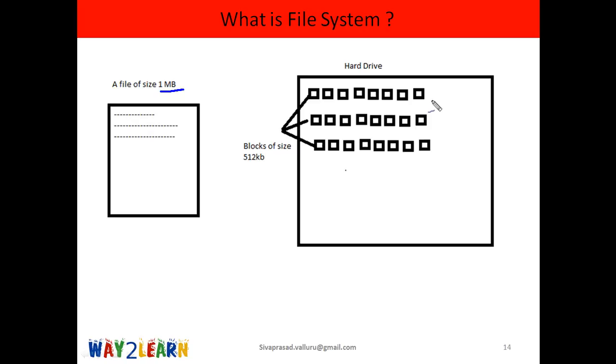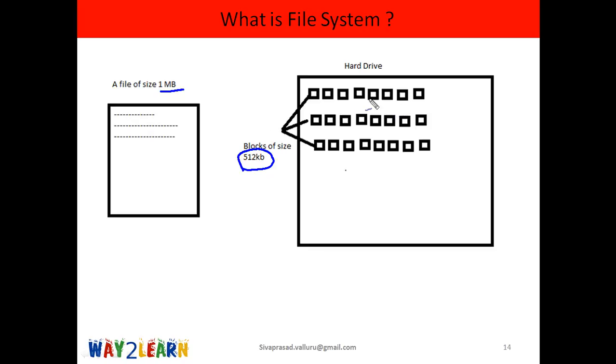The hard drive is logically divided into blocks of size 512 KB. Again, this size is dependent on the operating system, but let's assume 512 KB right now.